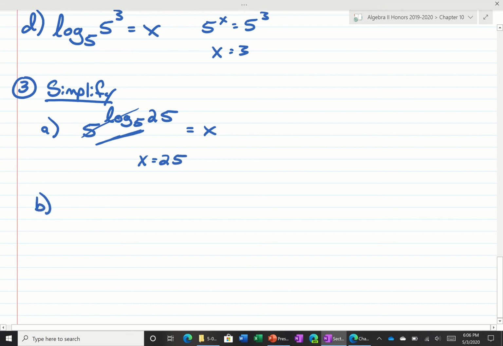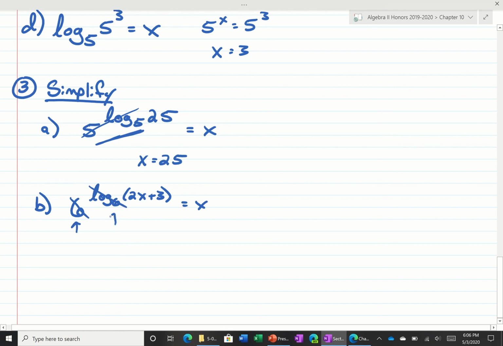So those are pretty easy. What about one like this? How about, let's say, these are all pretty easy. 6 to the log base 6 of 2x plus 3. Well, again, that's an inverse property. You could just cancel this and this.